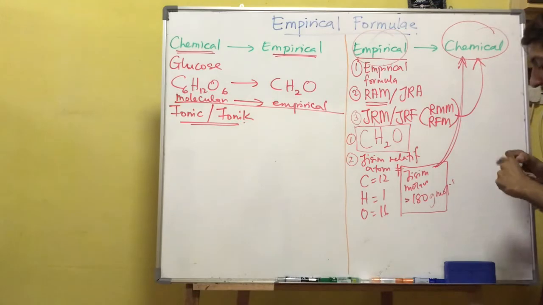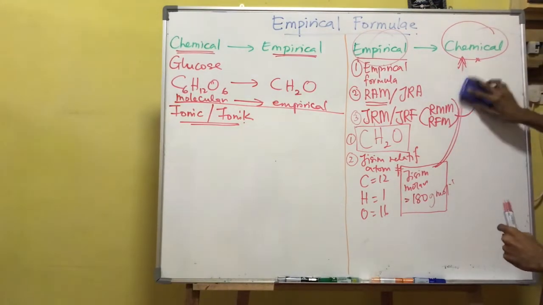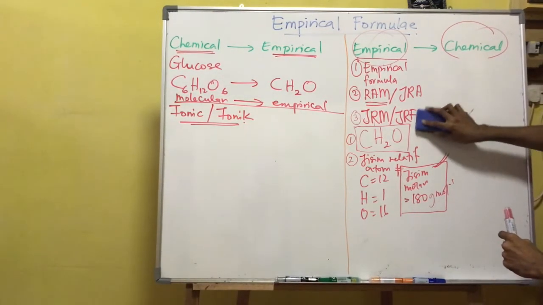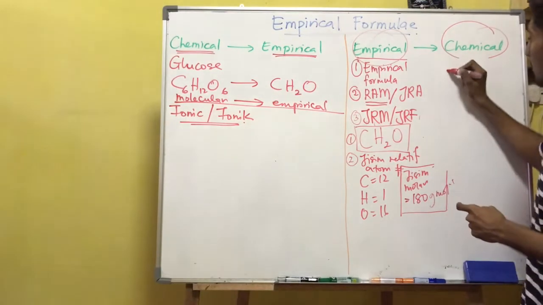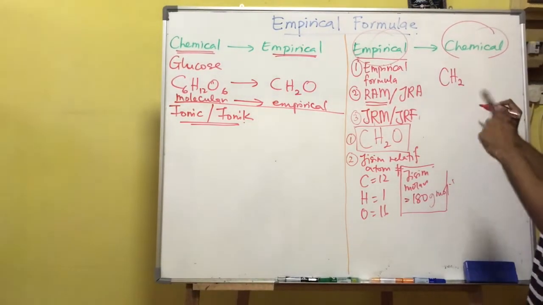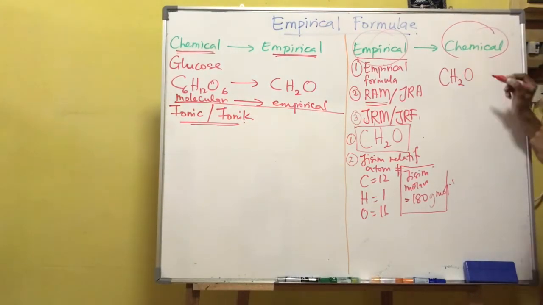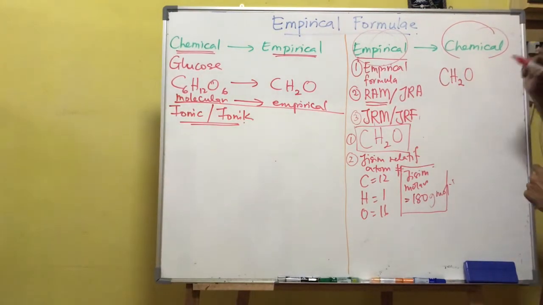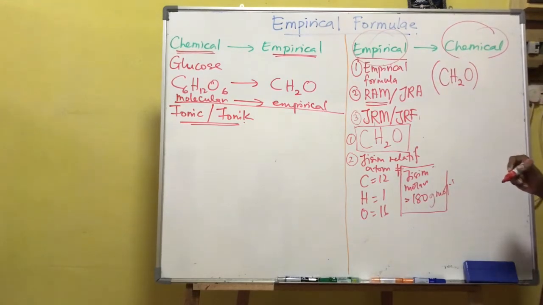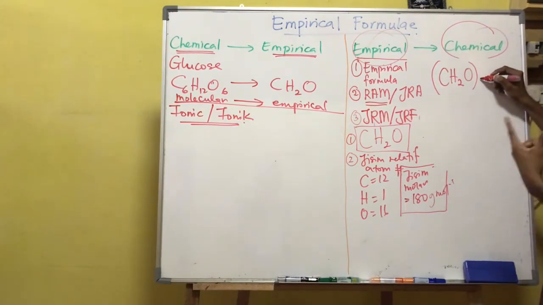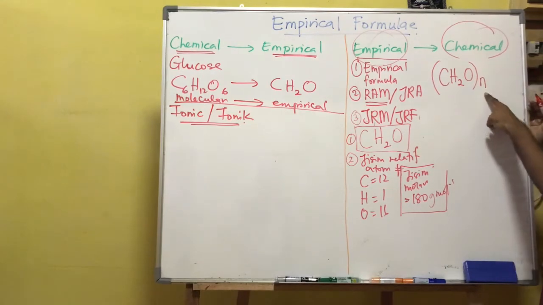So we need to insert a bit of algebra. So now we understand that the empirical formula, CH2O, is the simplified version, right? So the simplified version, so now we need to find the real version. So kita kena darab, so we need to multiply it by an unknown.